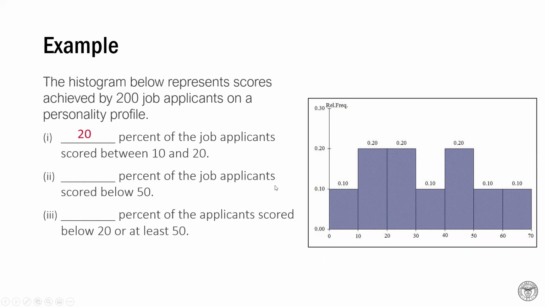For the percentage of job applicants with a score below 50, you sum up all these percentages, or you can also use 1 minus the sum of these two, and we know that's 80%. Or the percentage of applicants scoring below 20 or at least 50, where at least 50 will be on this side and below 20, is a combination of these two, and we know that's 50%.